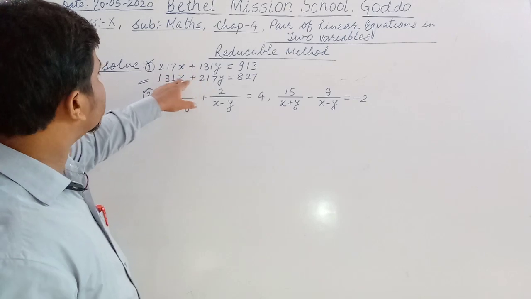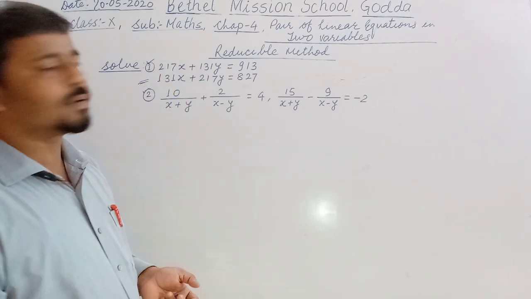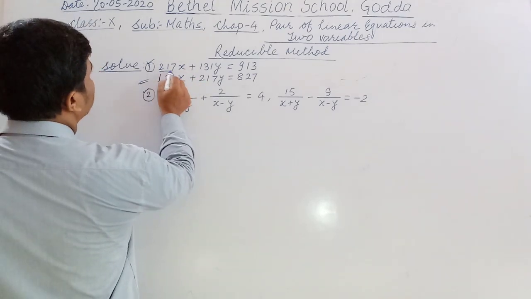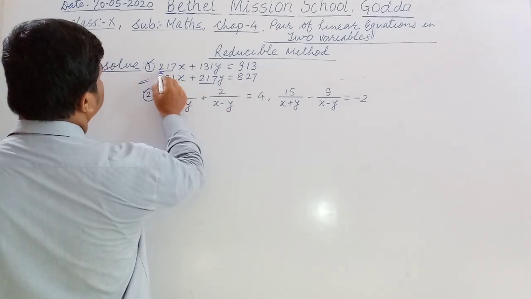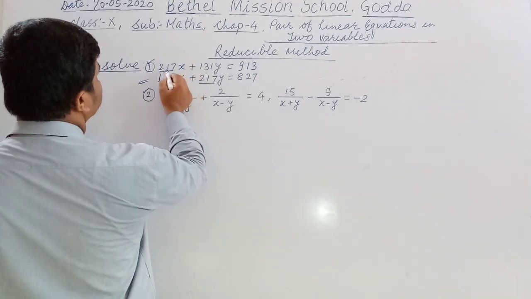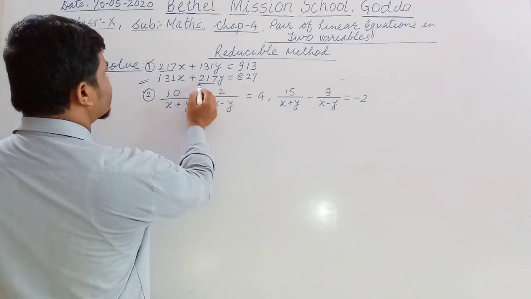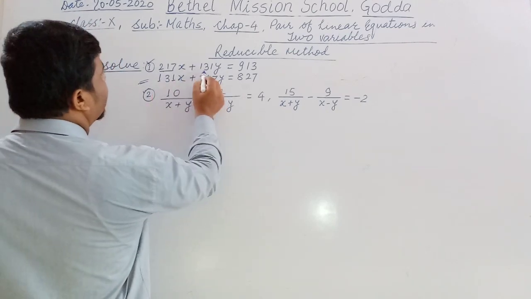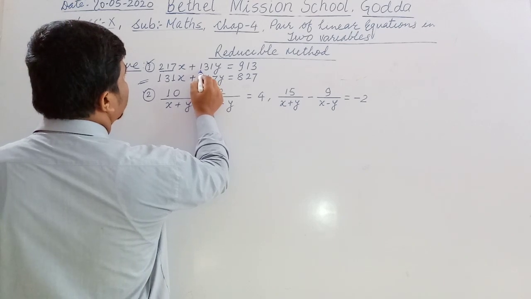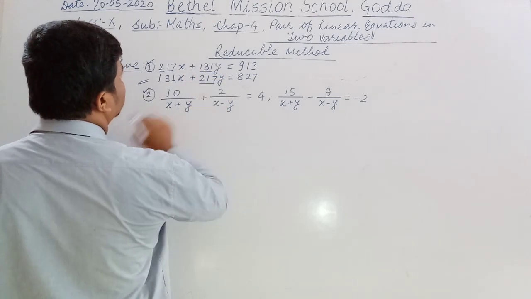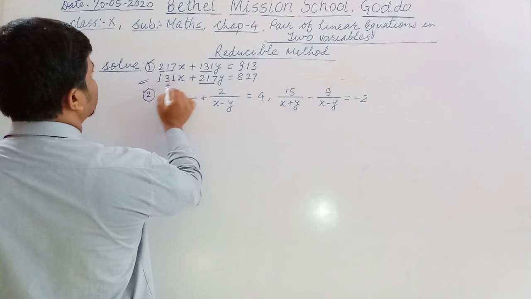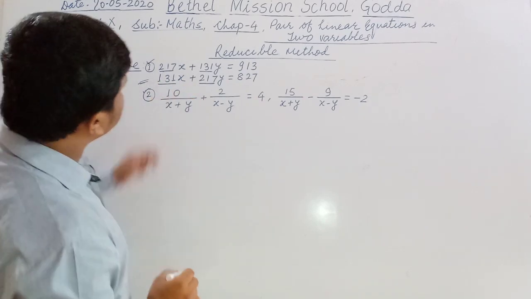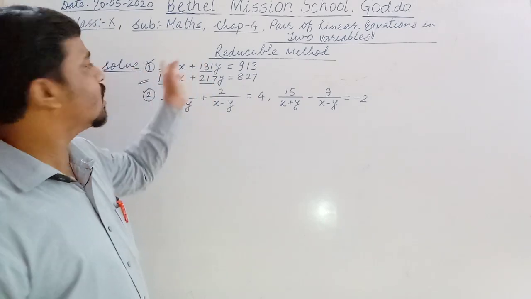In the first equation the coefficient of x is 217, and in the second equation the coefficient of y is 217. In the first equation the coefficient of y is 131, and in the second equation the coefficient of x is 131. So the coefficients are interchanged.